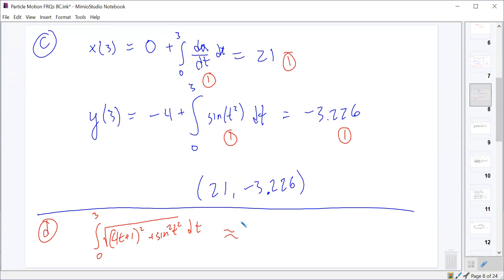And that came out to be 21.091. And a point here and a point there. Any questions on any of those three?